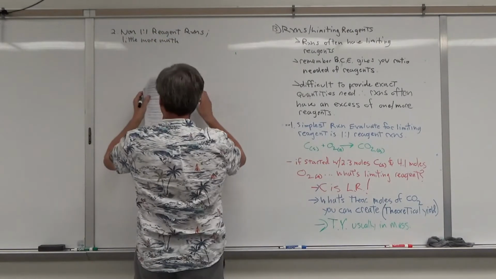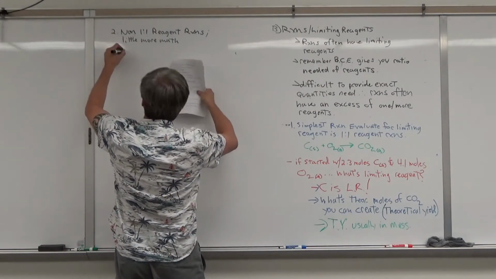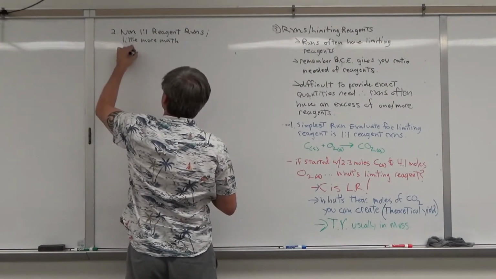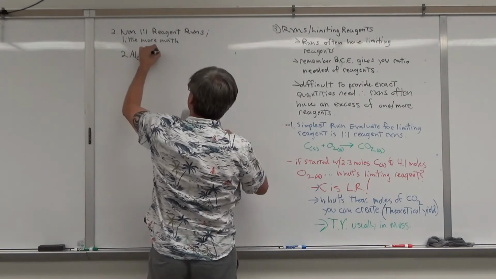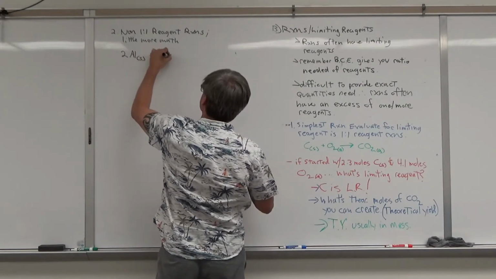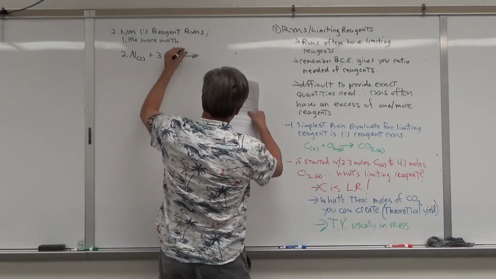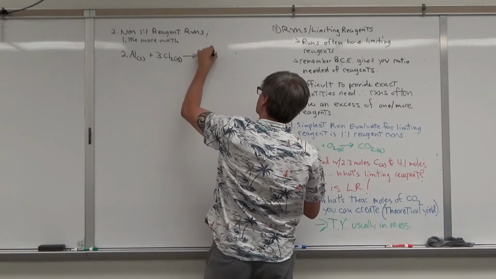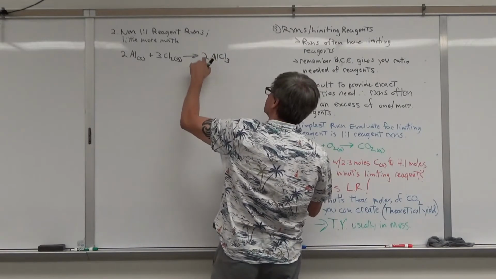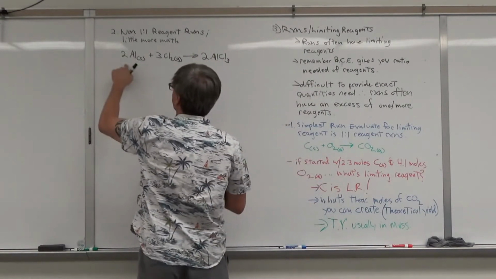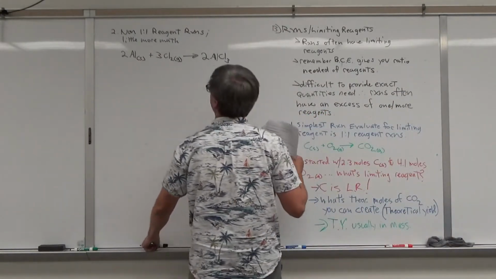2 aluminums plus 3 chlorines, it's going to give you 2 aluminum chlorides. Not 1-to-1. All right.